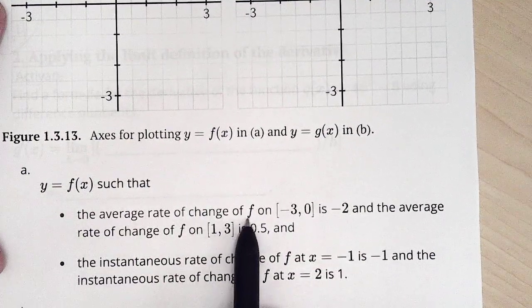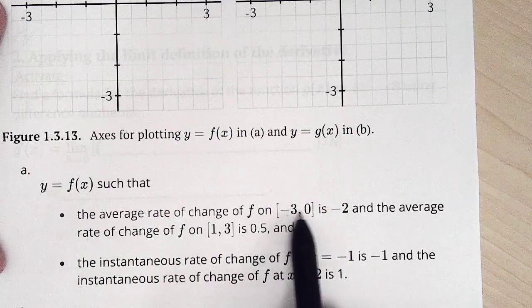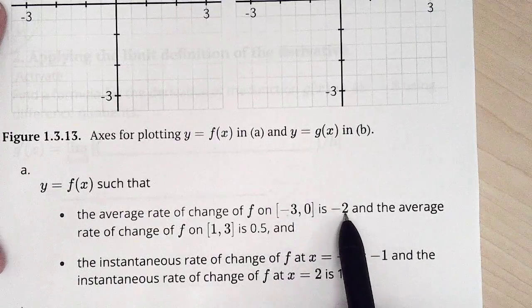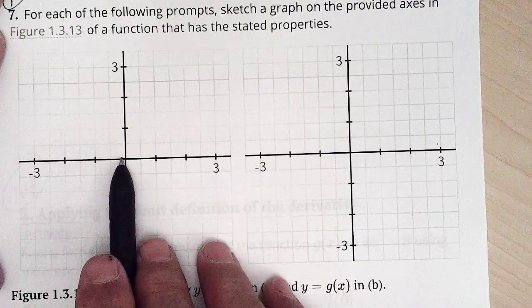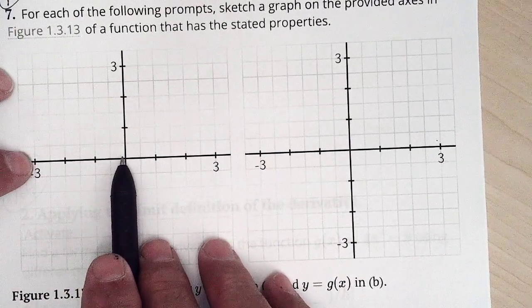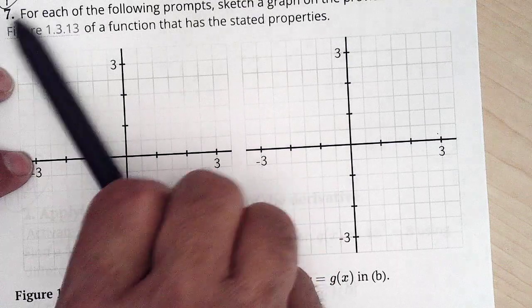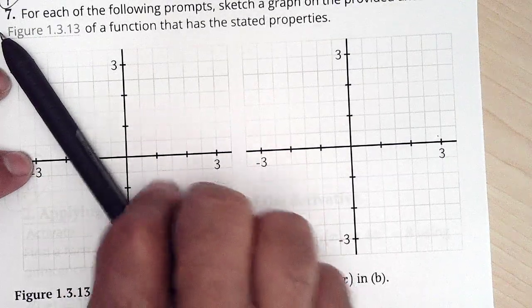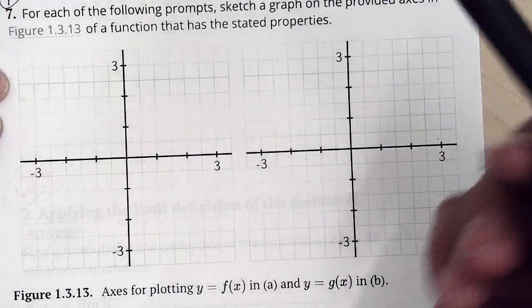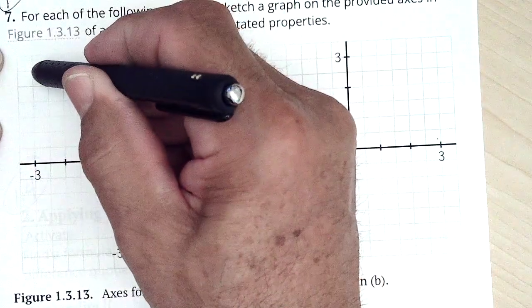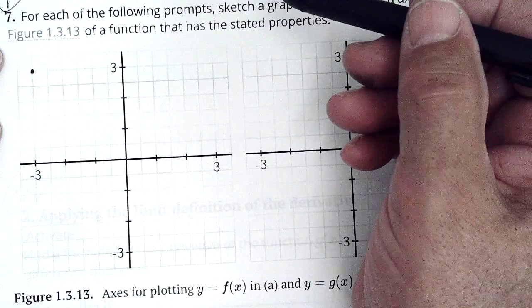The average rate of change on F from -3 to 0 is -2. So it'll go down 2 for 1, 2 for 1, 2 for 1. So I'm going to start up here kind of high at 3.